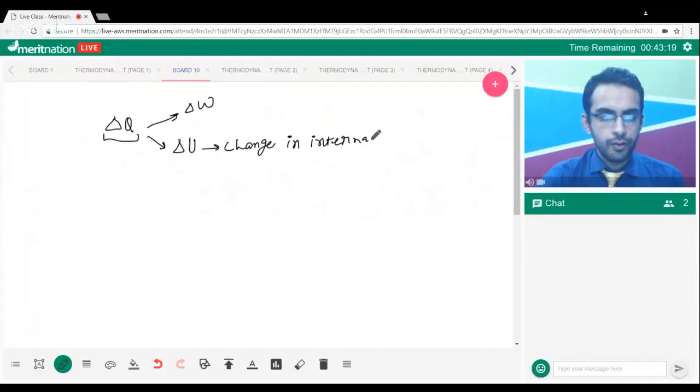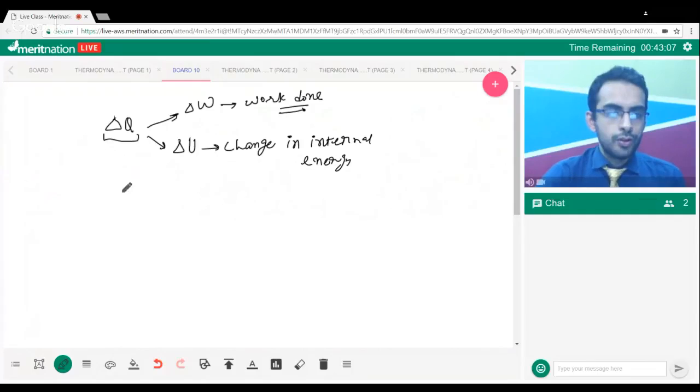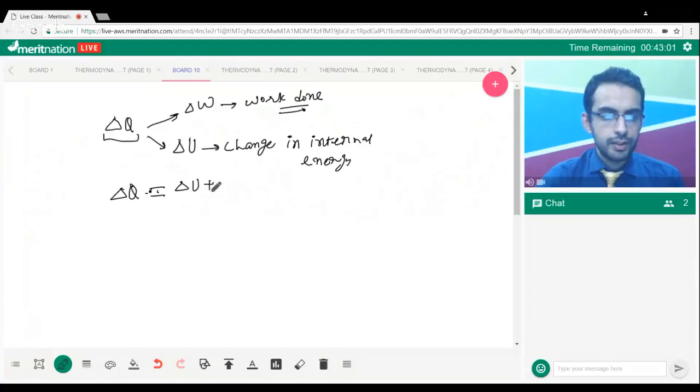So delta Q is equal to delta U plus delta W. This is the first law of thermodynamics.